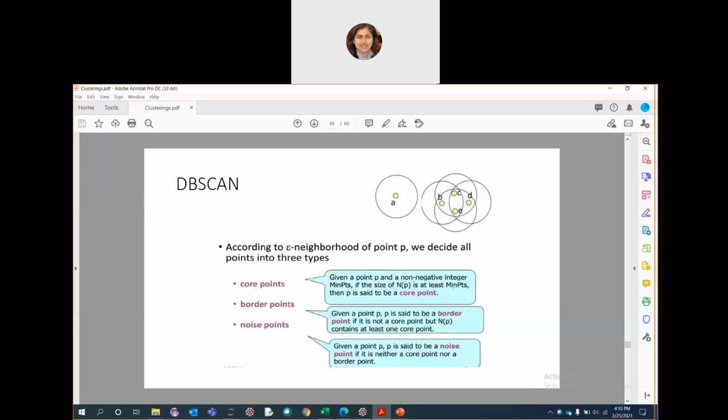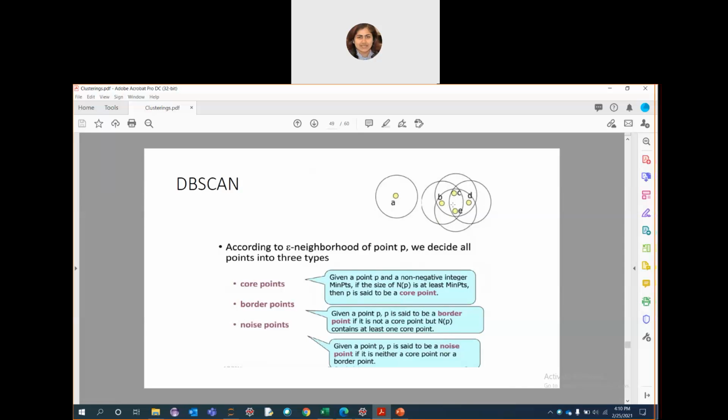A core point is a point with at least min points number of points, including the point itself, in its surrounding area with the radius as the epsilon value. Here we can say that with respect to D, C can be a core point because it is falling inside the epsilon value and also satisfying the min points.